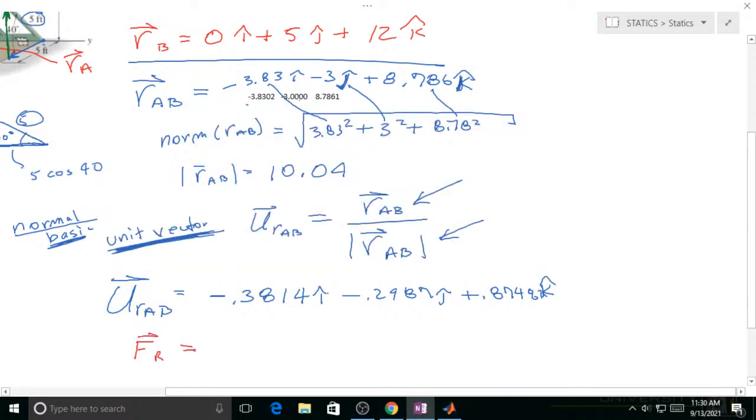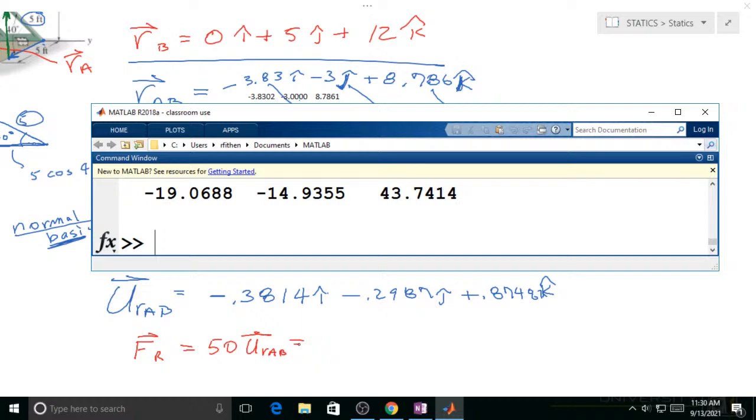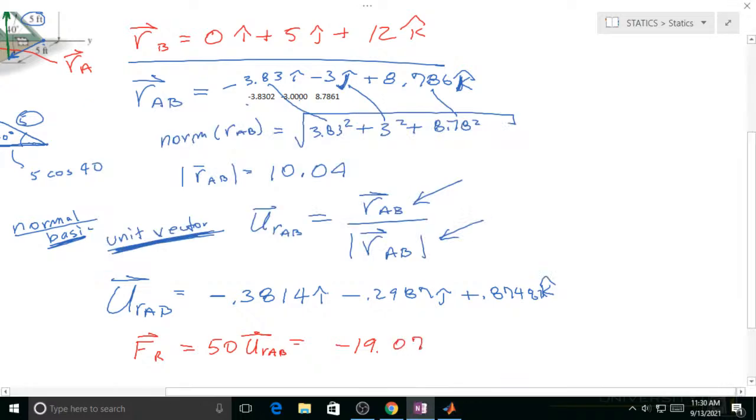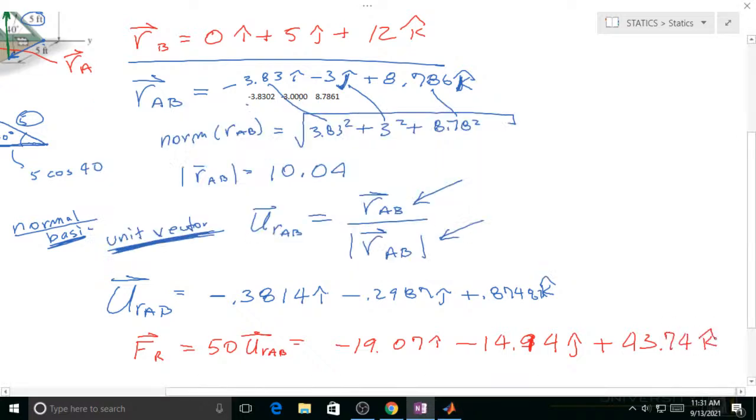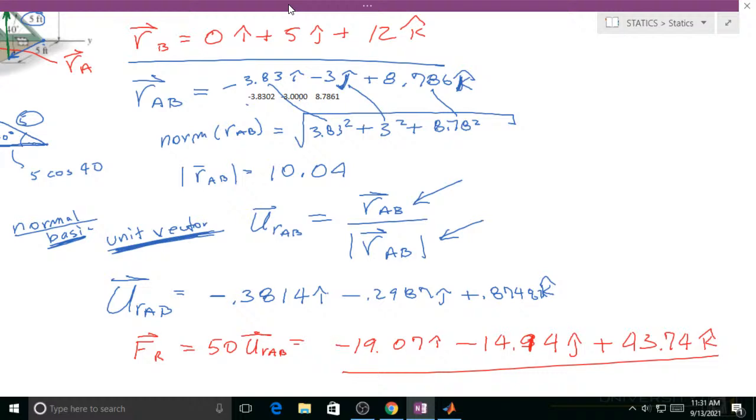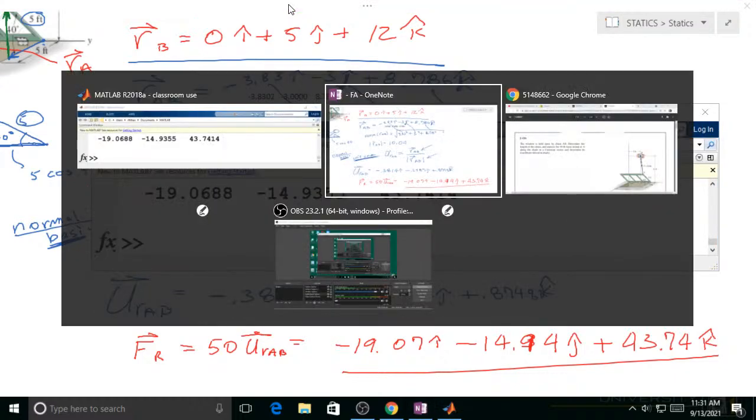The resultant vector, which is nothing more than 50 times U_RAB, is equal to minus 19.007, I'm just approximating, minus 14.393 J, and 43.74 K. Did we get that?